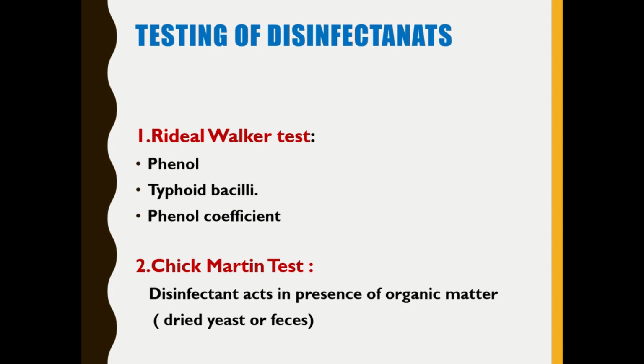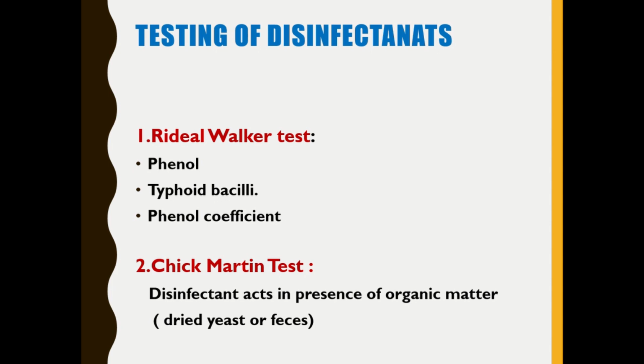The highest dilution of the test disinfectant which inhibits the growth of typhoid bacilli in a given time is observed, as compared to that of phenol at a similar concentration, and based on that you can determine the phenol coefficient.